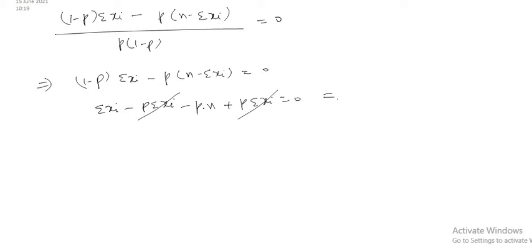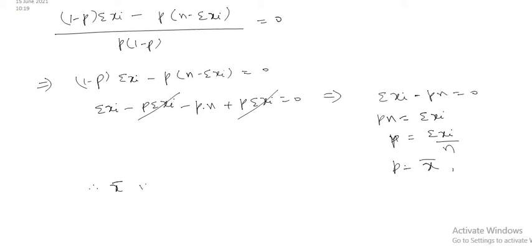This one gets cancelled, and if you go here, summation xi minus pn equals 0. That means pn equals summation xi, so p equals summation xi by n. That means p equals x bar.